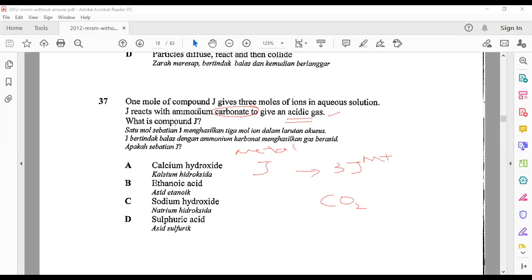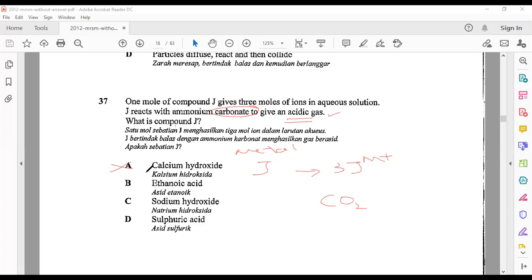But now with the second sentence, oh, I have to change my mind. Why? Because it can react with ammonium carbonate. From what you have studied, only the acid will react with the carbonate, right? The alkali cannot react with the carbonate. So we are going to get the answer, which is an acid.